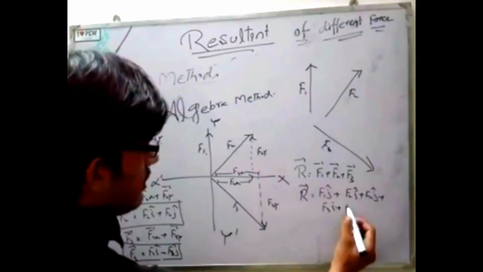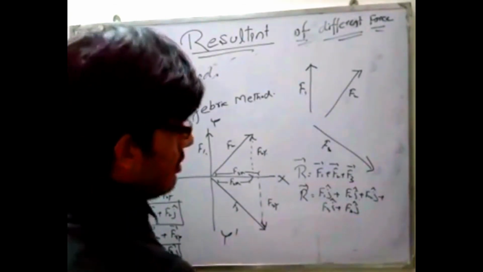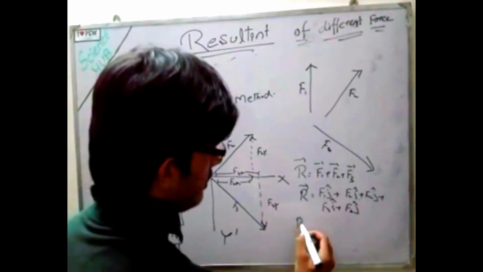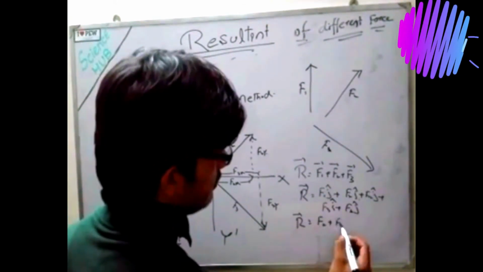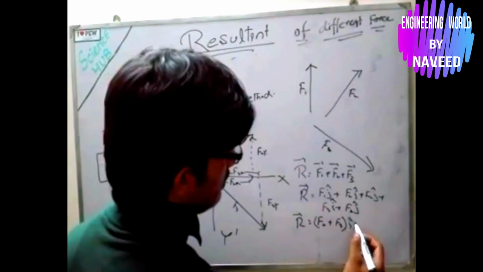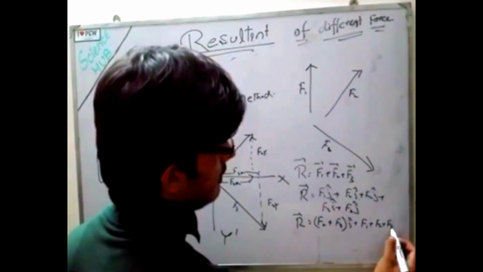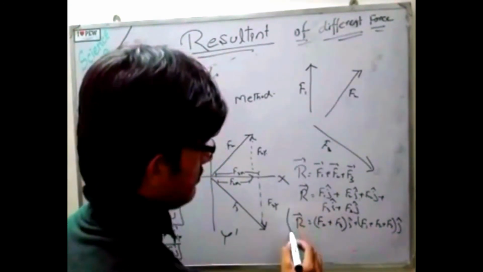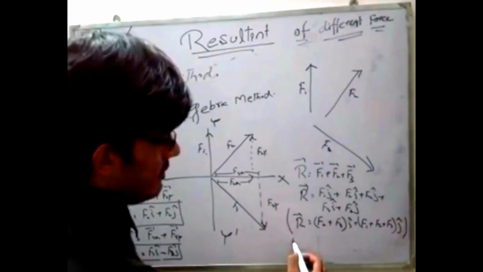So the resultant will be equal to (F2x plus F3x) i plus (F1y plus F2y minus F3y) j. So this is all about the resultant vector.